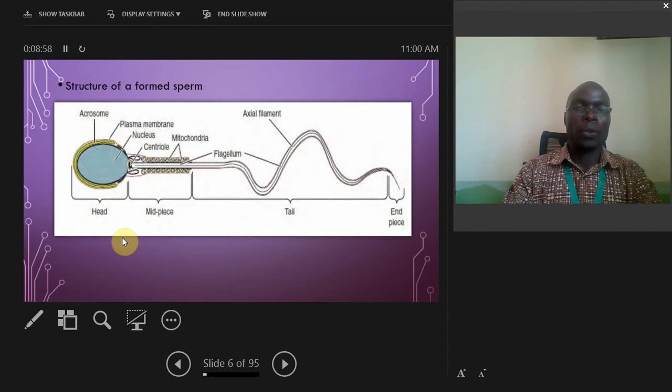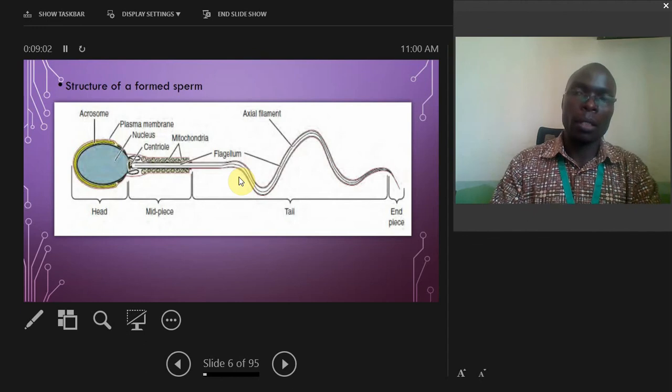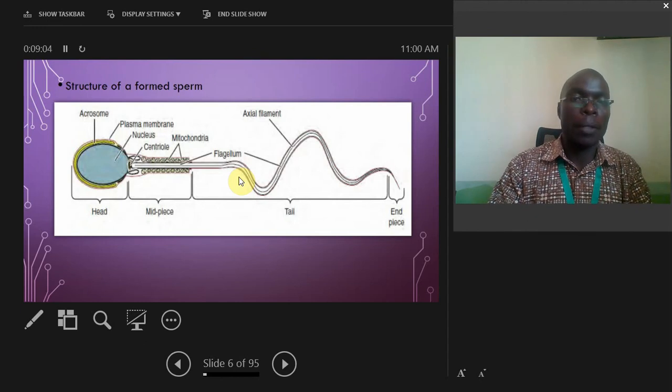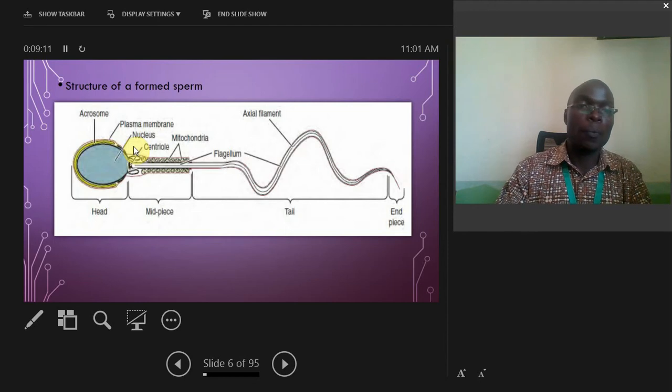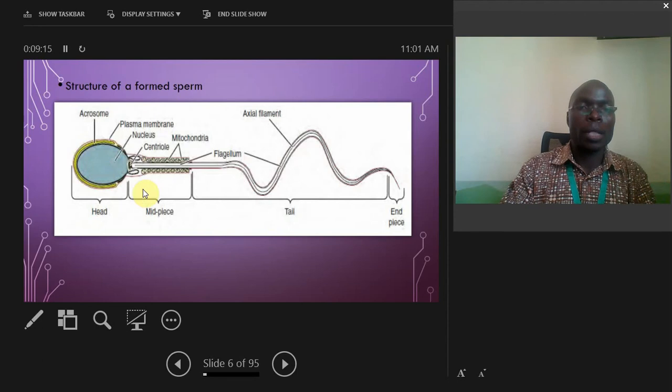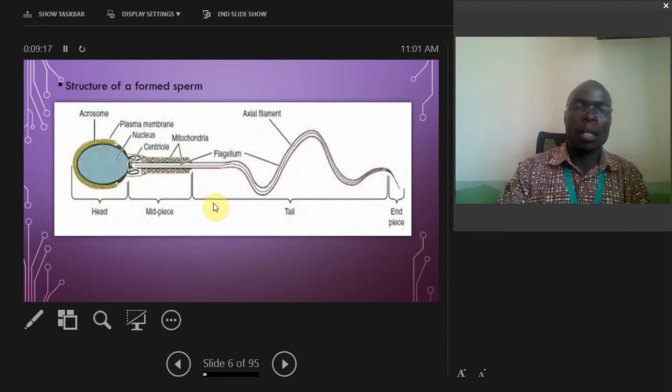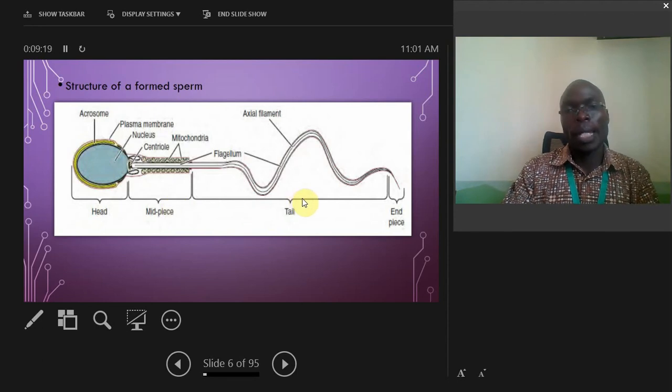It's important that you also understand the structure of a sperm cell, because this will be important in understanding how the sperm cell functions. The sperm cell is actually a modified cell with a prominent head, a mid piece and a long tail.